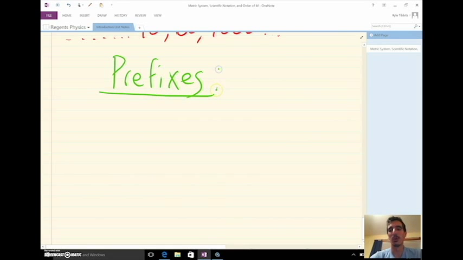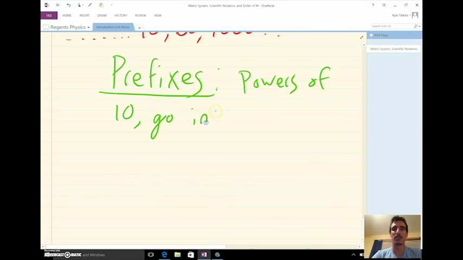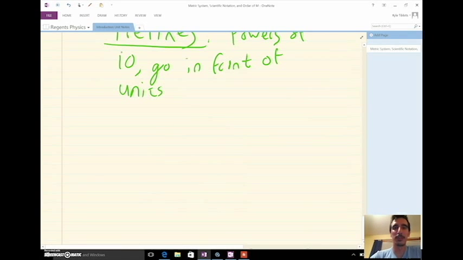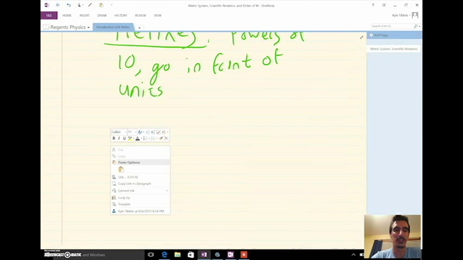And this time these are words that represent powers of 10. So it also is powers of 10. And these go in front of your units. Fortunately for us, on the bottom front page of our reference table, in the bottom left corner, we've got a box of prefixes. So let's look at that.